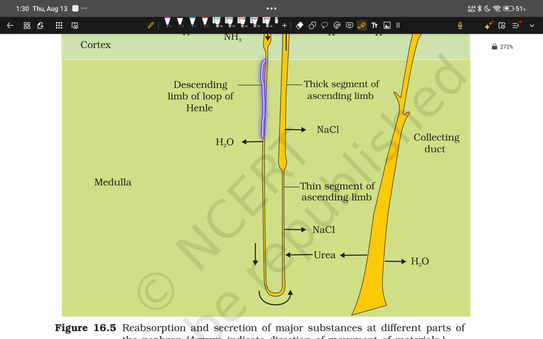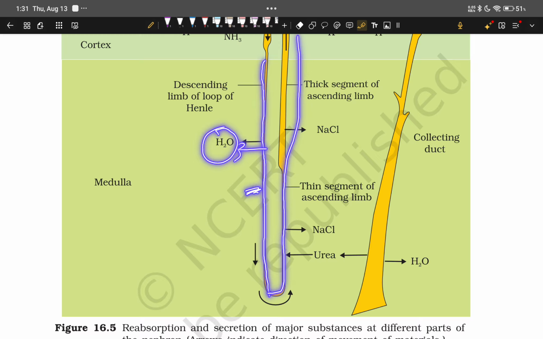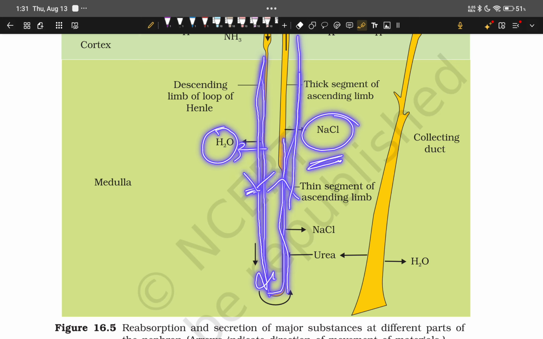Talking about the descending limb of loop of Henle, it is permeable to water but impermeable to electrolytes. The ascending limb of loop of Henle is permeable to electrolytes and impermeable to water. So when the descending limb is going downwards, concentration of urine is increasing. When the ascending limb is going upwards, concentration is reducing, which means diluting.